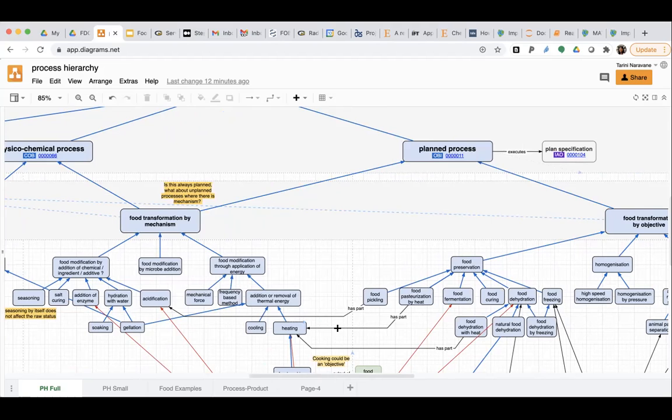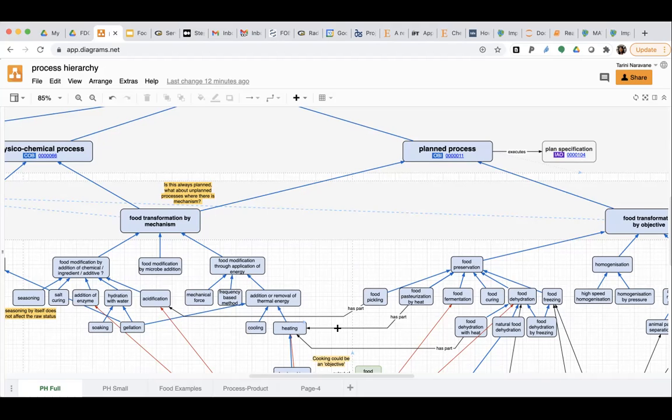I didn't know if you remembered that processing ontology that we did, and we didn't really work on it together. Right, I had actually taken a look at it. Okay, I think there are some useful hints in there about this. We didn't do the planned process versus unplanned, but I think what's here is really cool.